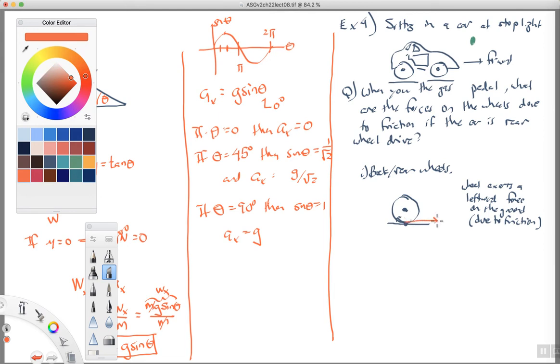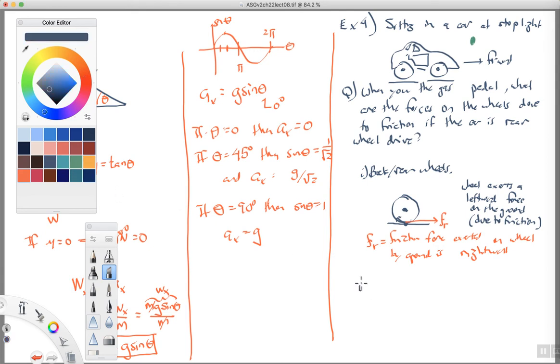So the friction force exerted on the wheel by the ground is rightward. The ground is in fact trying to push the wheel to the right. Okay?